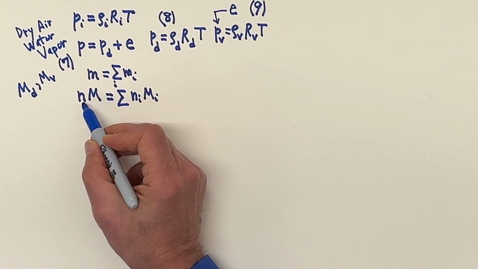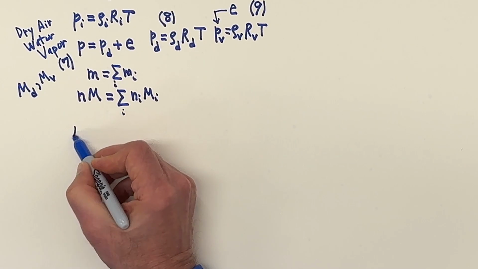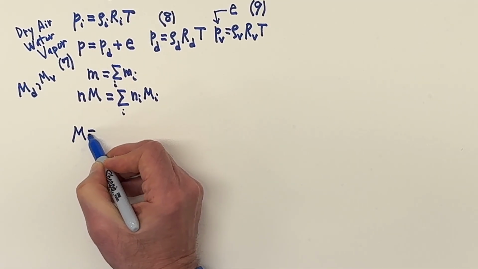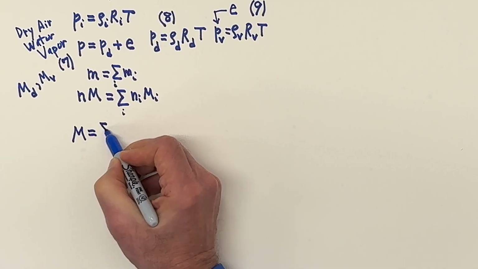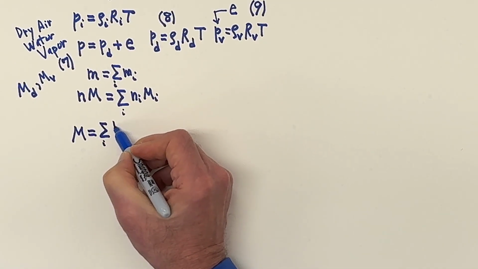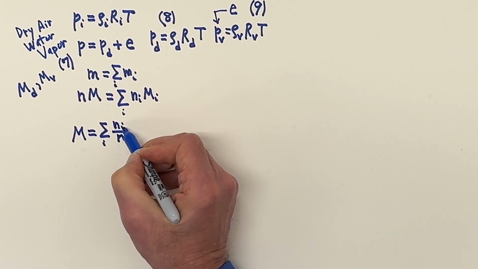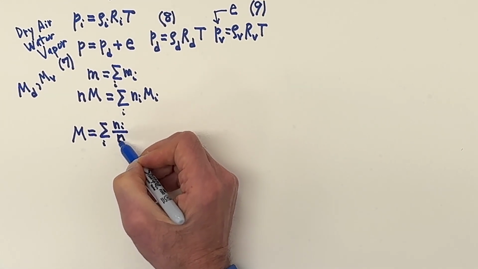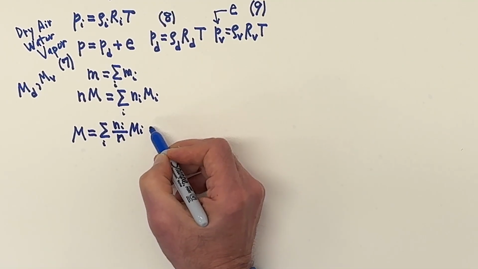Now I want to divide by the total number of moles, and then I'll get the molar mass for the gas that's in there, which is equal to the sum of the number of moles for the ith component, divided by the total number of moles, times M sub i.